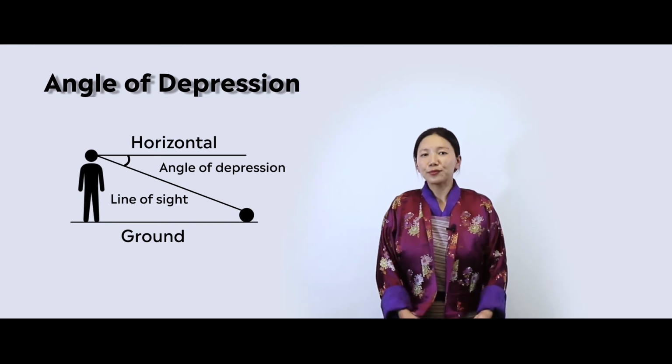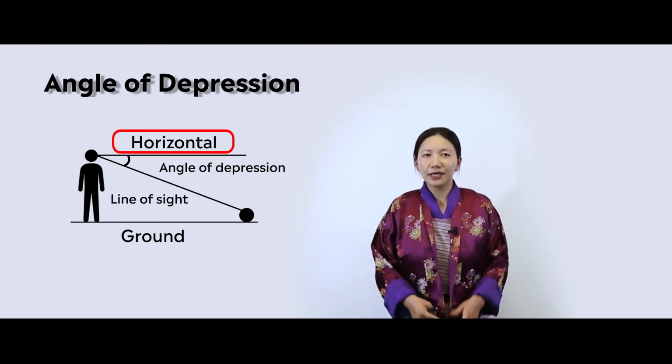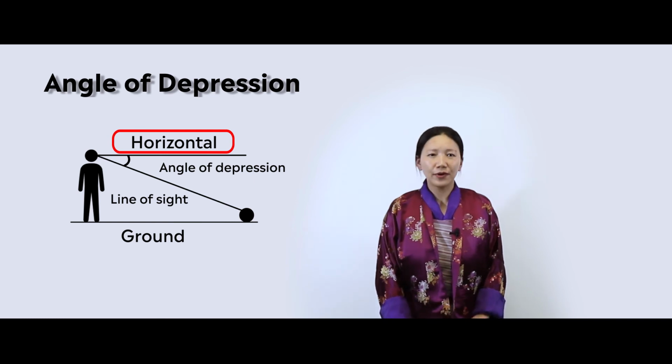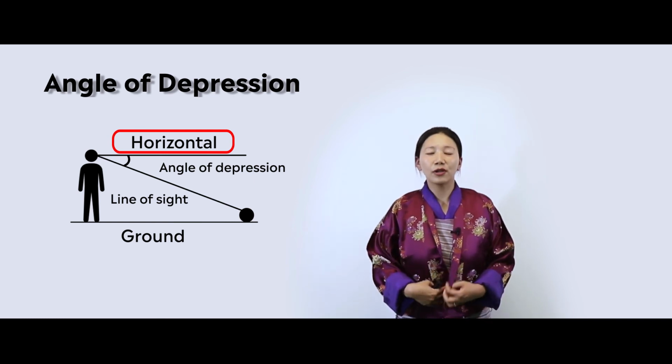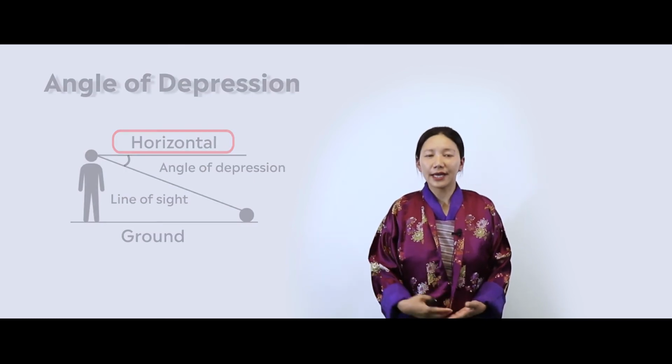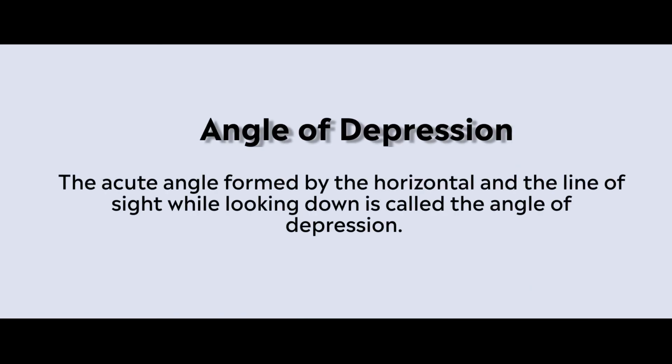But you should remember that when we talk about the angle of depression, the horizontal is always above the line of sight. So the definition of the angle of depression can be the acute angle formed by the horizontal and the line of sight while looking down.